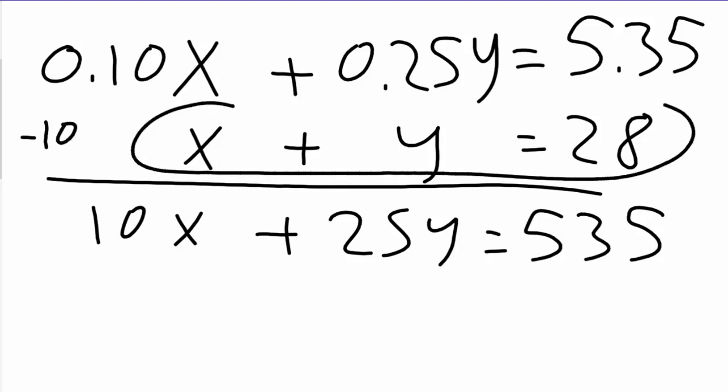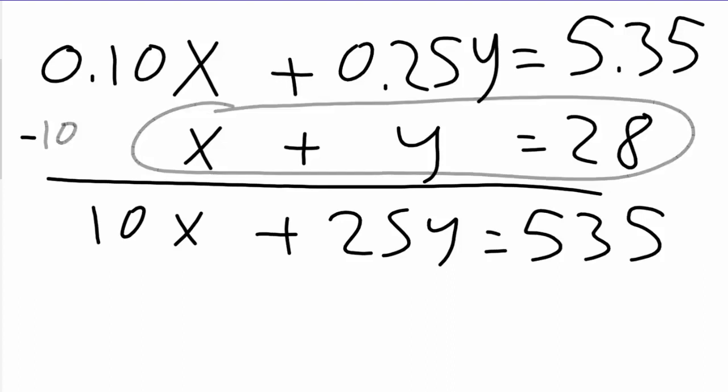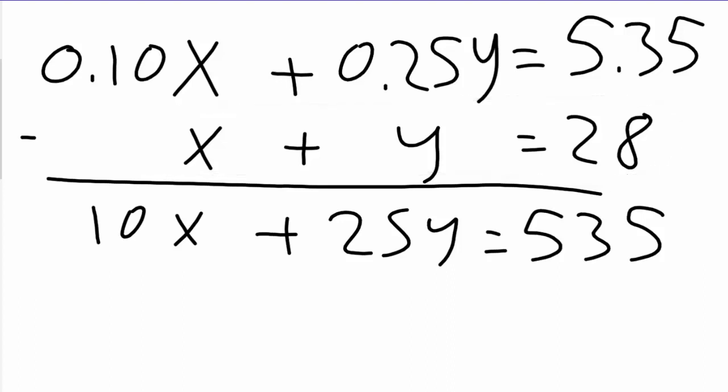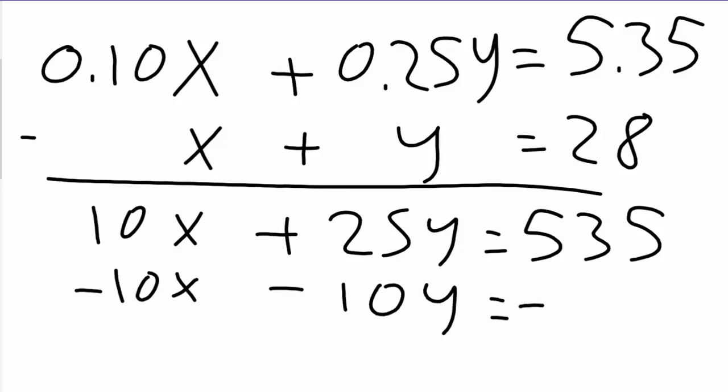Everything here will be multiplied by negative 10. So negative 10 times X, which has the 1, is negative 10X and negative 10Y and negative 280. So far so good.